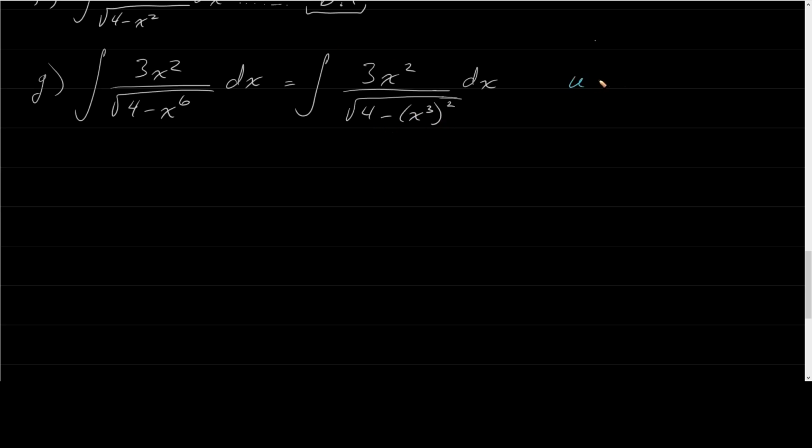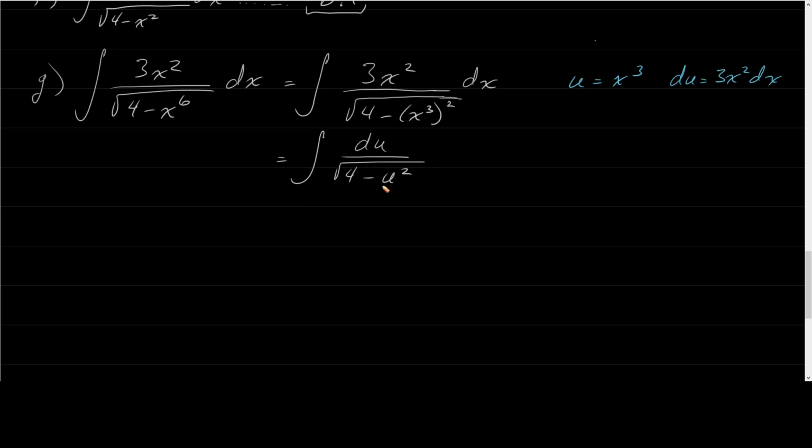If I set u to be x cubed, then du would be 3x squared dx, which is right there. So we can replace that right away. So what we end up with now is, that entire numerator with a dx, that is our du. On the bottom, I've got the square root of 4 minus u squared. Now this one you should recognize.